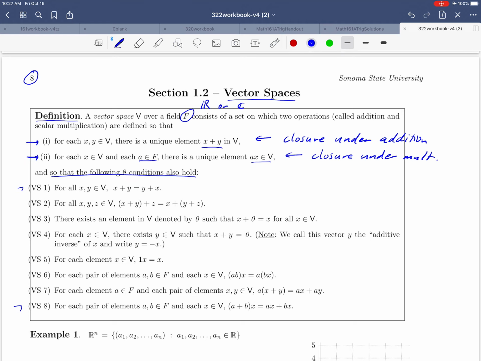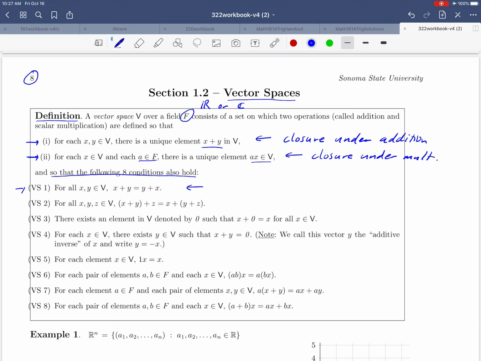We won't talk through every one of these rules, but I would like to highlight a couple of the more important ones here. Maybe starting with the first one. VS1 says, for all x and y in V, x plus y equals y plus x. We gave a name to that property, I think in the last section.